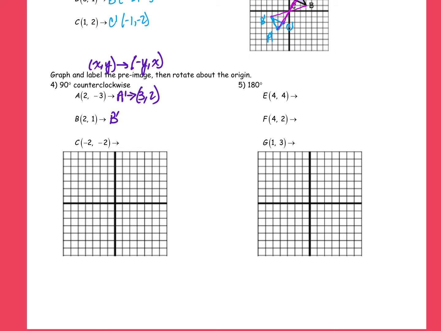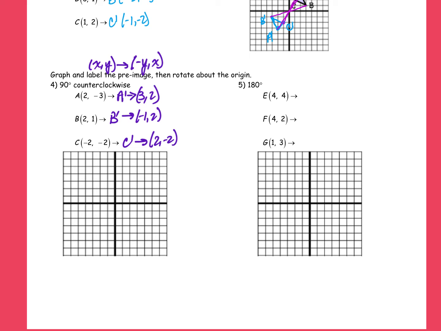And B prime becomes -1, 2. And C prime becomes 2, -2. So, yeah. My sign changes, right? Yeah. Go ahead. We good? Okay.